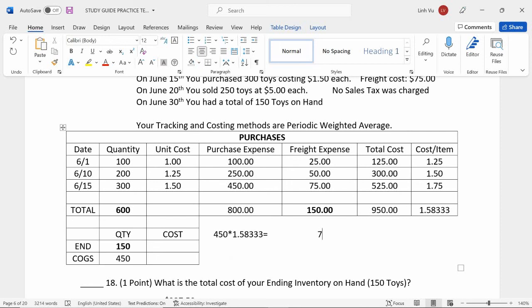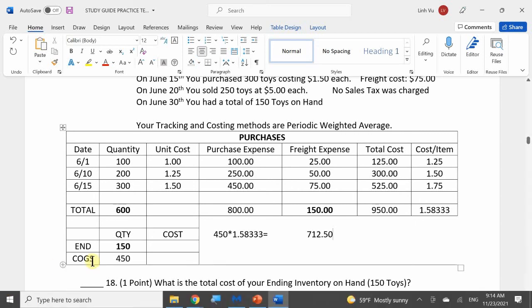689.99. Okay, let me recalculate that. 712.49, which rounds up to 712.50.